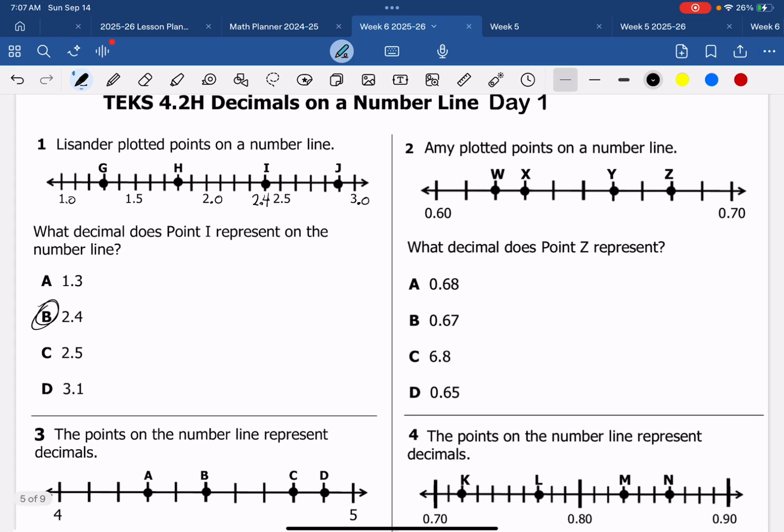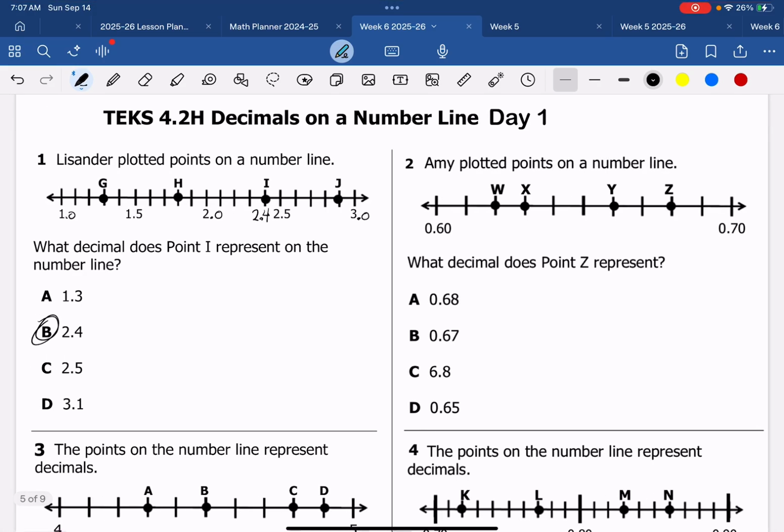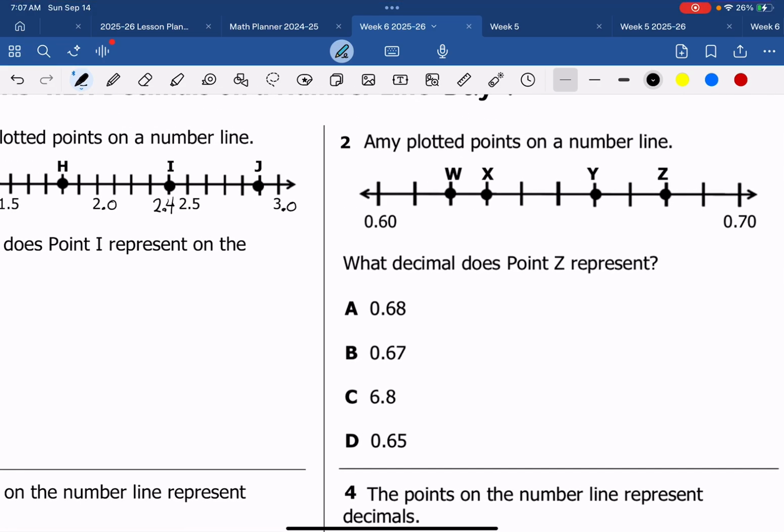Okay, let's go to question 2. It says Amy plotted points on a number line. What does point Z represent? Okay, so for this one, you start with 60 and you go to 70. I wonder if we're just moving the hundredths place. So if this is 60, it could be 61, 62, 63, 64, 65, 66, 67, 68, 69, 70.